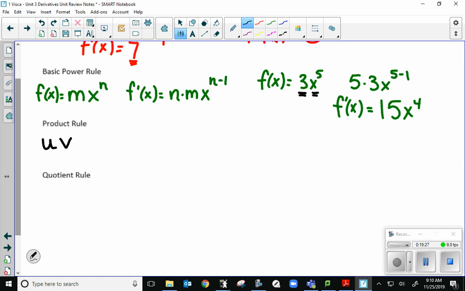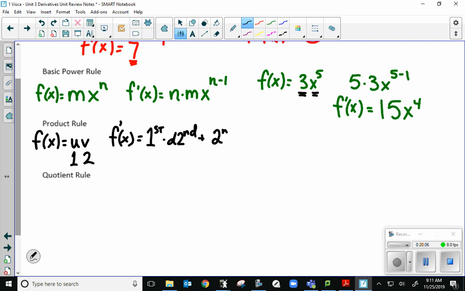So f of x equals some function u times some function v. The derivative of that would be the first, times the derivative of the second, plus the second, just as it is, times the derivative of the first.